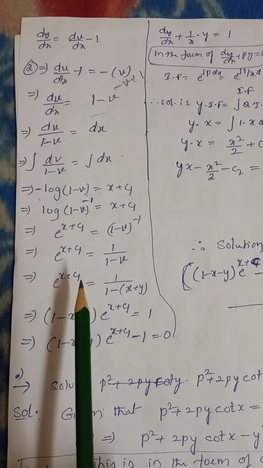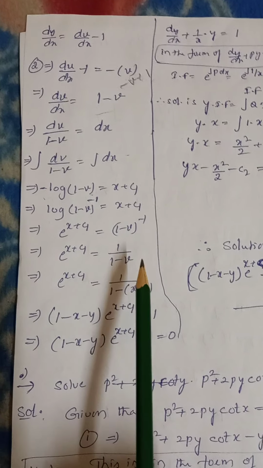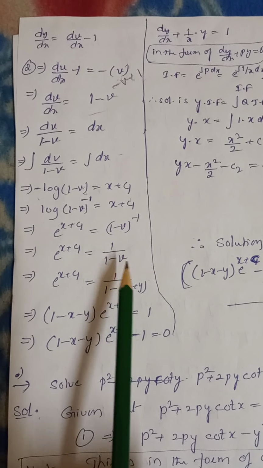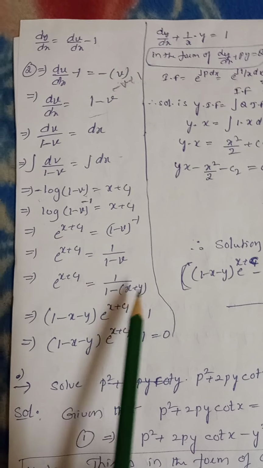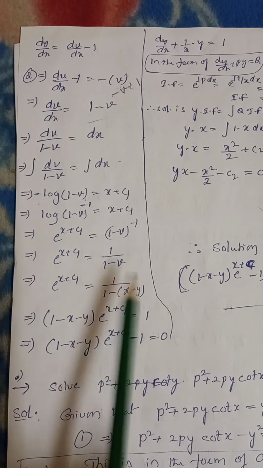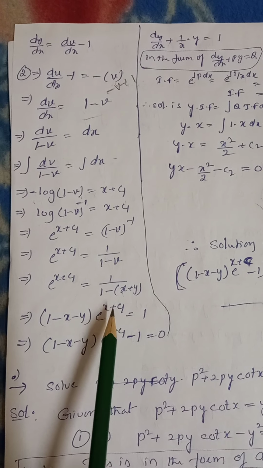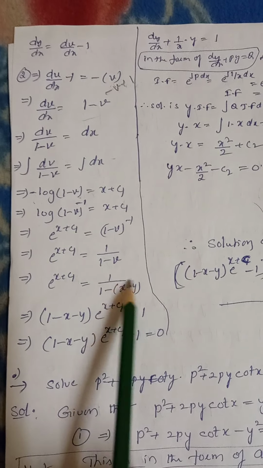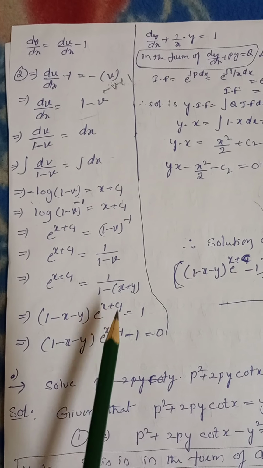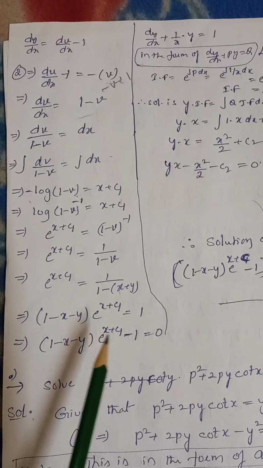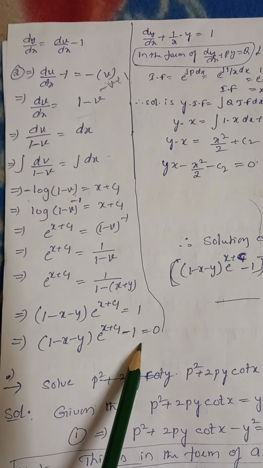What is v actually according to our assumption? X plus y. I am replacing v by the x plus y value. Now cross multiplying, 1 minus x minus y into e power x plus c1 is equal to 1. Now transposing this 1 to the right side: 1 minus x minus y into e to the power of x plus c1 minus 1 is equal to 0.